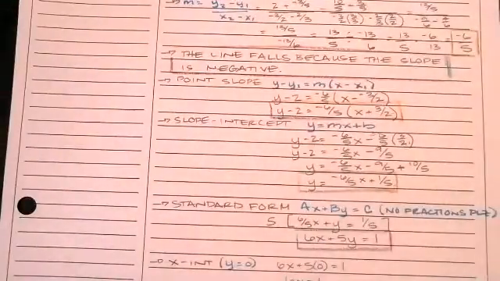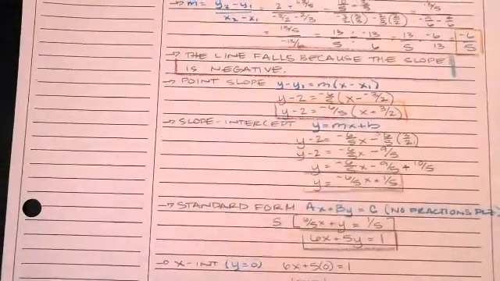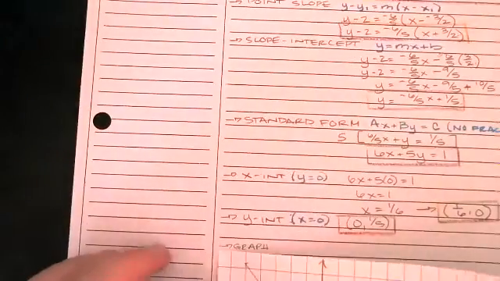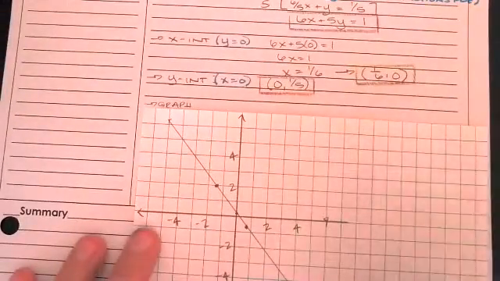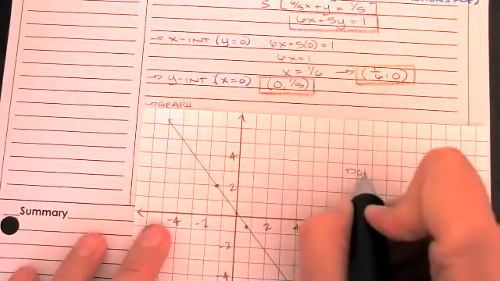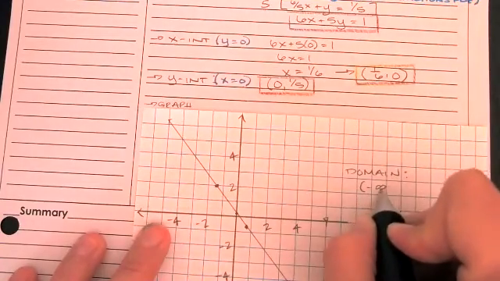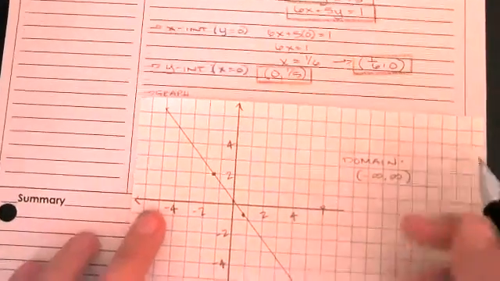So that's our graph. And then it also asked us to state the domain and the range. So this being our graph, the secret about lines, domain. So the domain goes from -infinity to +infinity, and parentheses on both sides. That's important.